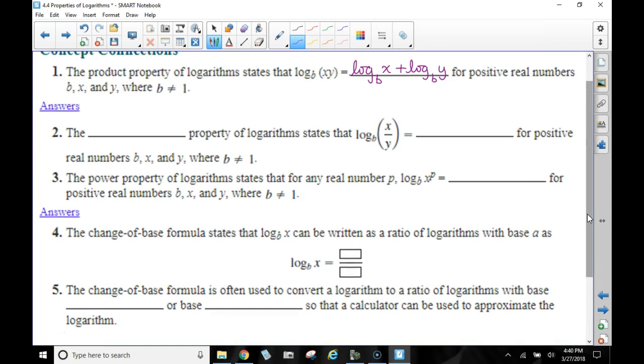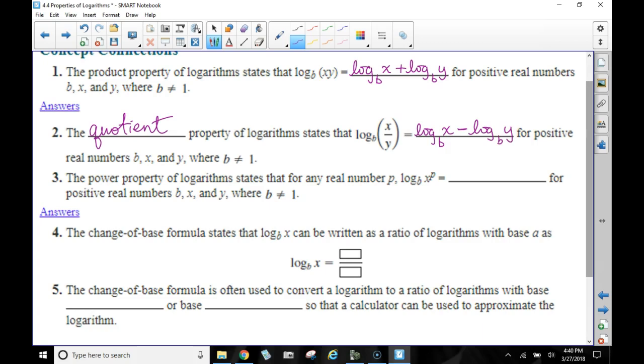The blank property of logarithms states that the log of x divided by y, y'all, that's a quotient. So this is going to be the quotient property of logarithms. How do we work that? Well, it is the log of x with base b, and then it's a minus right there. Log of y with base b.